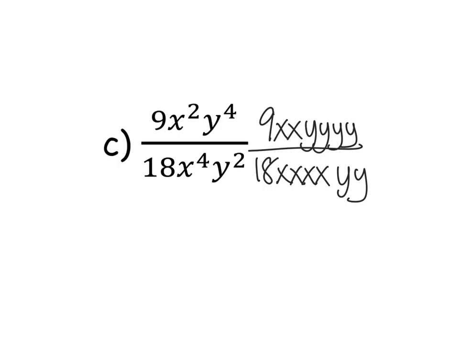Simplify what we can. 9 over 18 becomes what? 1 over 2. Yeah. Now the X's, let's start crossing those out. Go ahead and do that on your paper. Cross out what X's you can. Cross out what Y's you can.